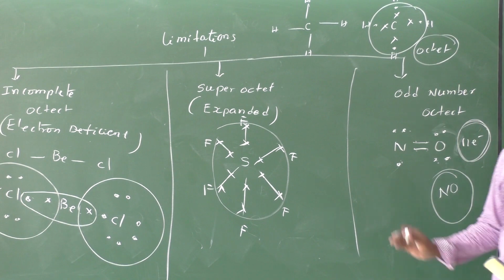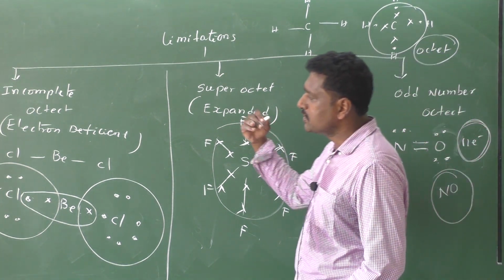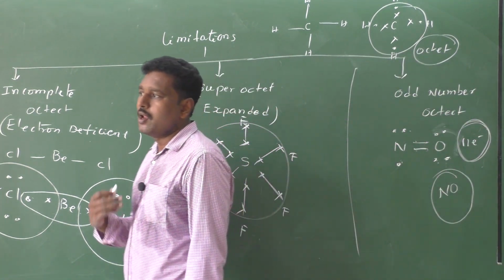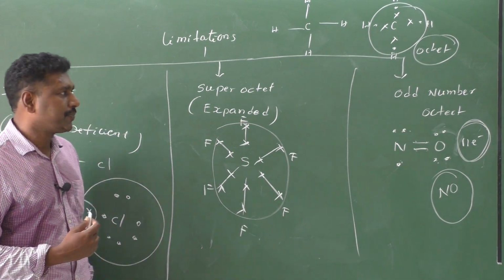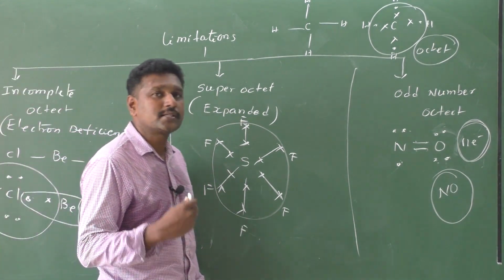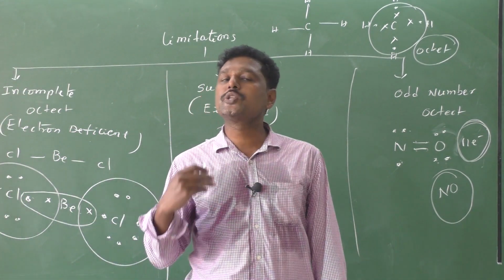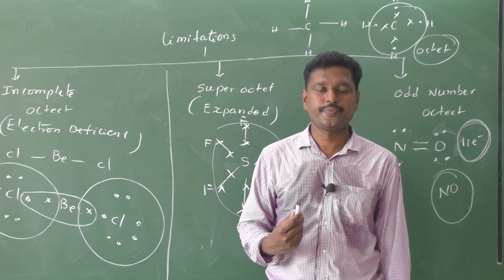Incomplete octet means some molecules have less than 8 electrons but are stable.